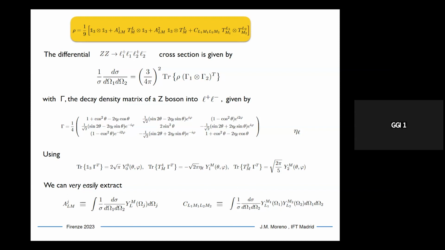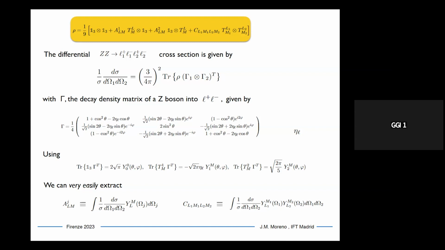The operator that goes here, of course, is the decay density matrix, and it is evaluated here for the case of a Z boson decaying into leptons. Theta is the polar angle with respect to the momentum of the Z, and phi is the other angle, the azimuthal one.